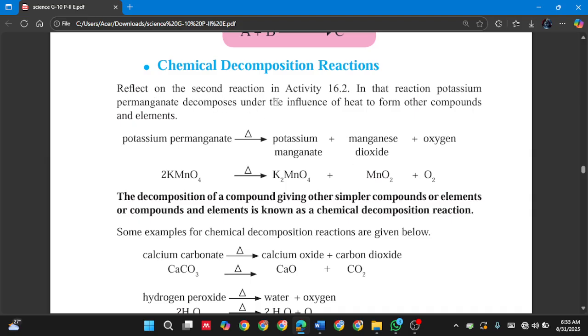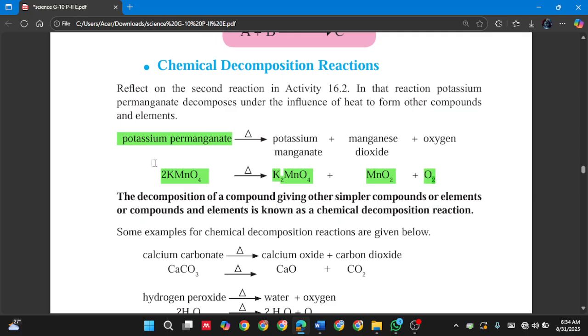So reflect on the second reaction in activity 16.2. In that reaction, potassium permanganate decomposes under the influence of heat to form other compounds and elements. So potassium permanganate, KMnO4, after heating converts into K2MnO4 and MnO2, manganese dioxide, and O2, oxygen.